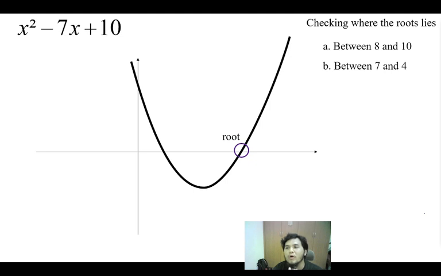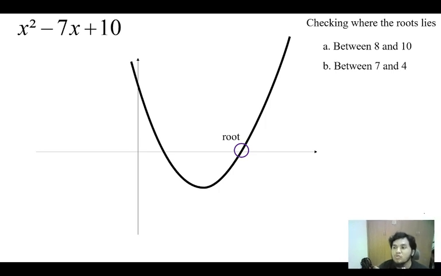What can you conclude from the two ranges? We have done this part, but we haven't done the checking for the second one. So you do part B and I just do A. Same steps, same approach, same graph for B, but a different range, 7 and 4.